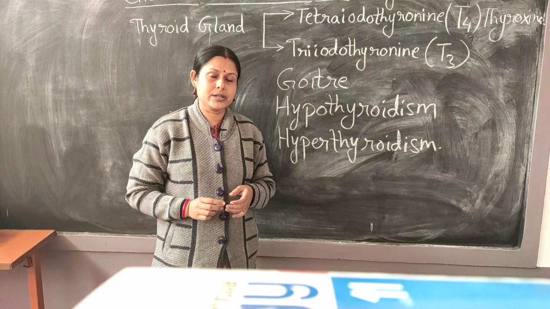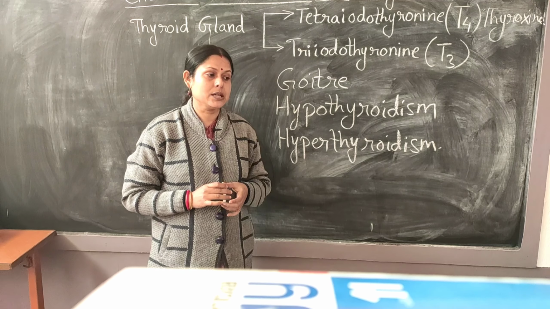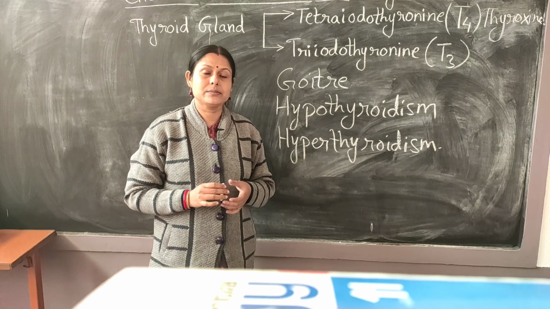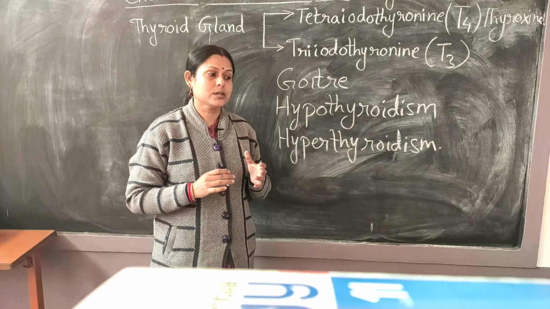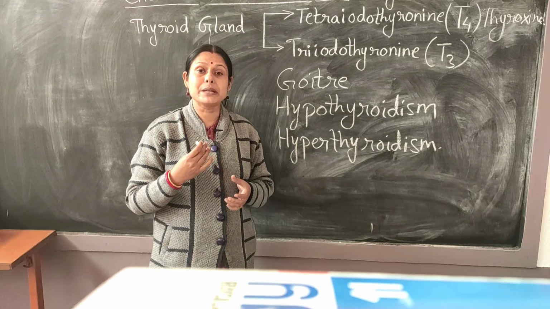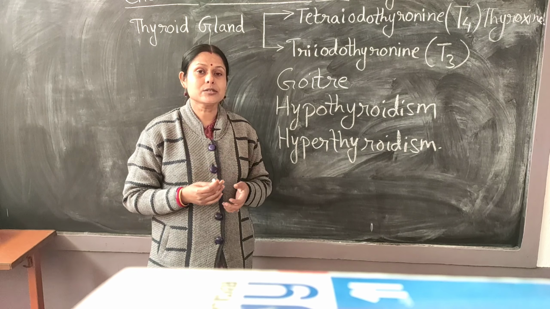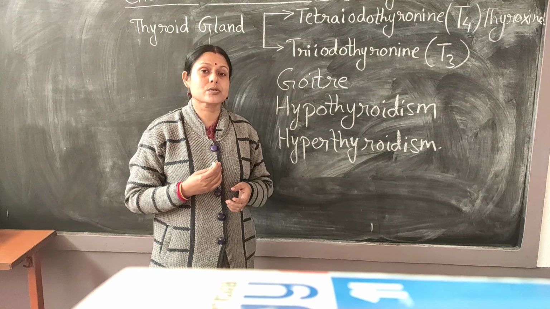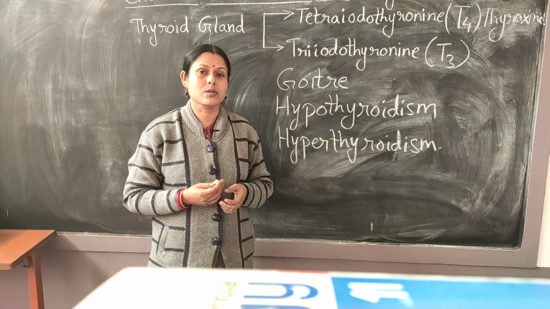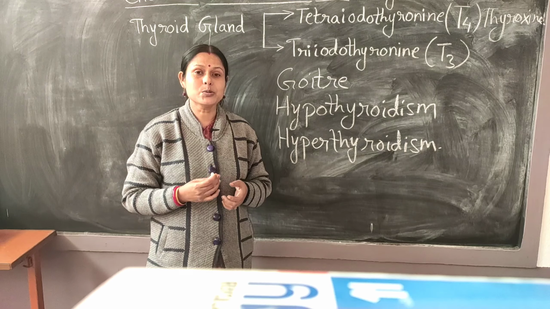Now, hypothyroidism, if it happens especially when a lady is pregnant, may lead to the birth of a baby who is mentally retarded. The mental growth of that person does not take place. Our physical growth and mental growth are also under the influence of the hormones secreted by the thyroid gland.